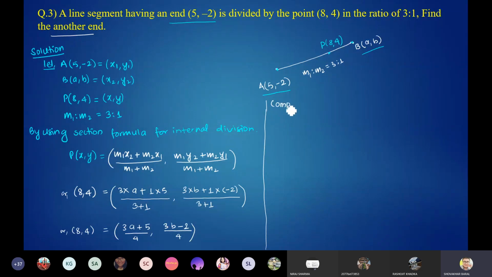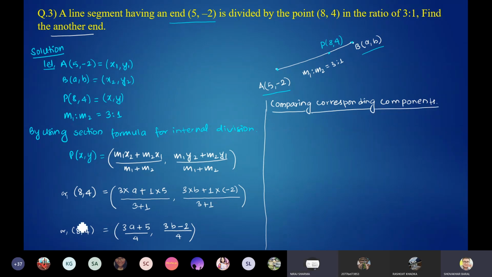Comparing corresponding components. It's same like in that of ordered pair. In ordered pair also we solve the same questions. It's just comparing the equal ordered pairs.